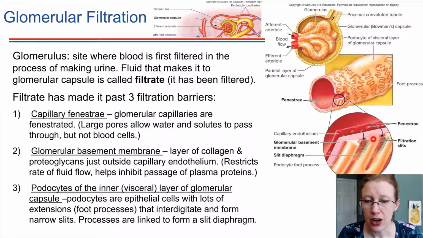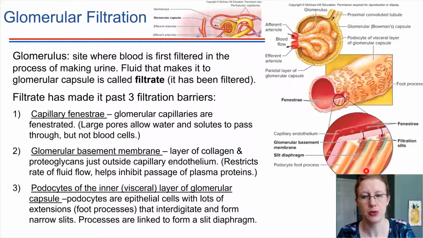Those slits are bridged across by connections. So there are links between the processes, and this together forms a really fine mesh network. It's called a slit diaphragm. There are lots of slits, and it's a diaphragm. It's something that the filtrate passes through, and this again helps to hold back important things and allow water and waste substances to continue on in the urine production process.